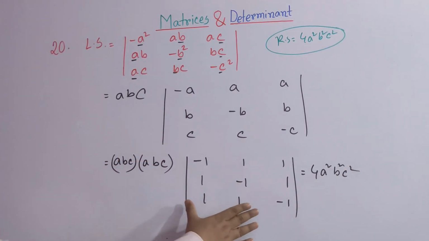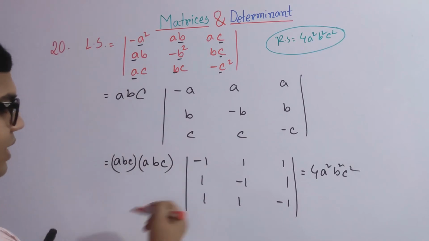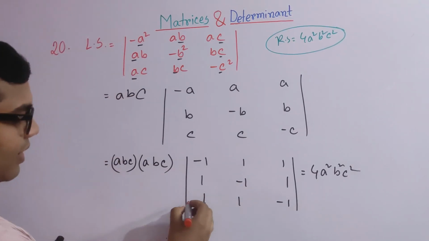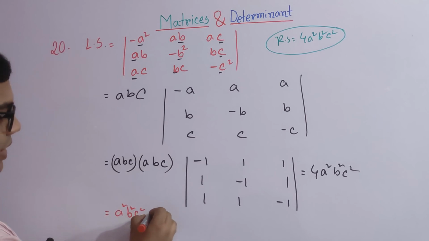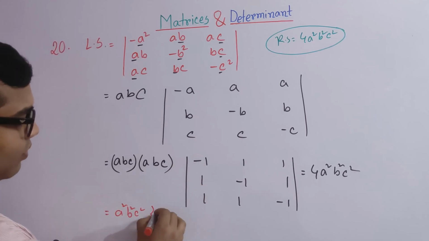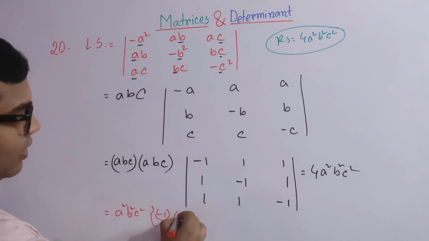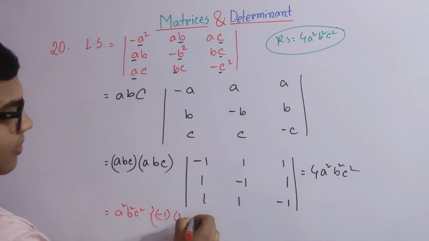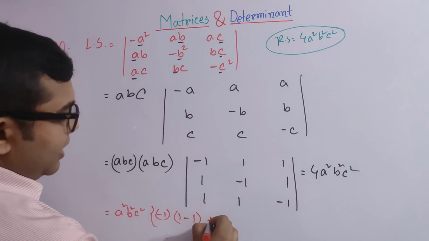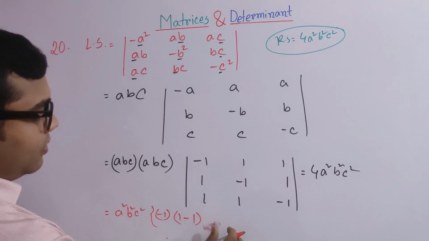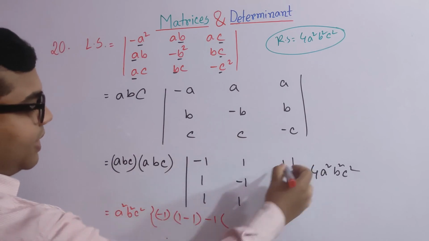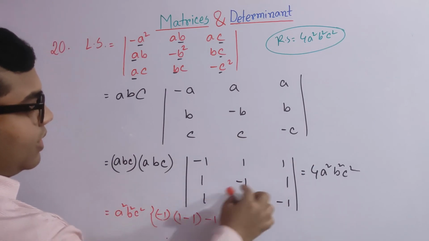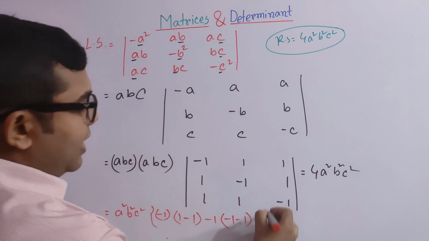If you have any confusion about this part, then I will do it in a very short way here. It should be A square, B square, C square, second bracket, suppose minus 1 into 1 minus 1. Then here it should be minus 1. So this part is gone, so 1 into minus 1, this into this, minus 1 and plus 1.